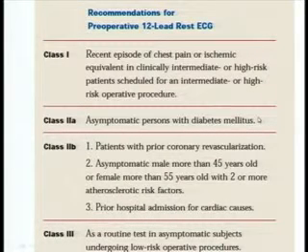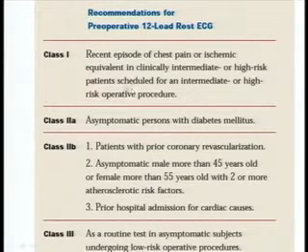So what is the current recommendation of a preoperative 12-lead ECG? It is a class 1 recommendation for patients with recent onset chest pain or ischemia equivalent, or who have clinically intermediate or high-risk patients. I'll come to what these high-risk patients are, who are scheduled for an intermediate or high-risk operative procedure.